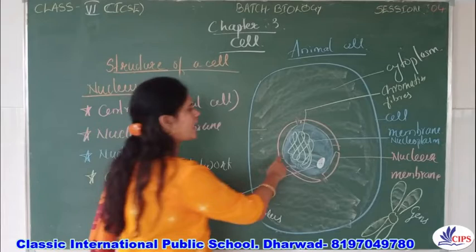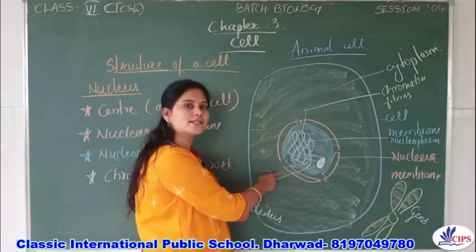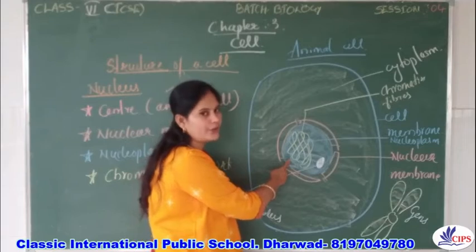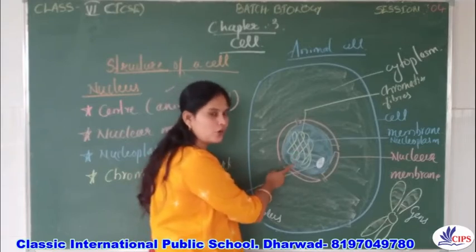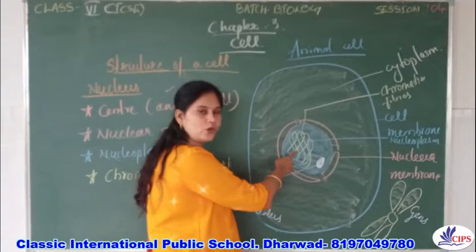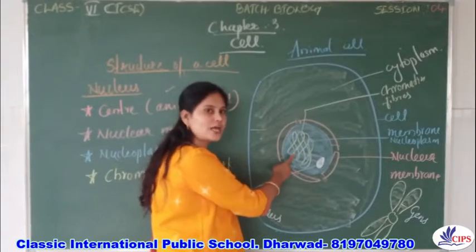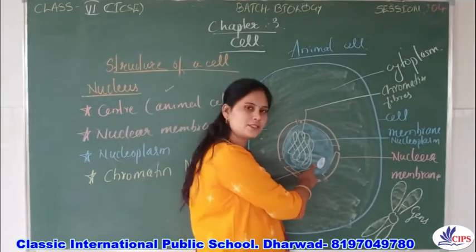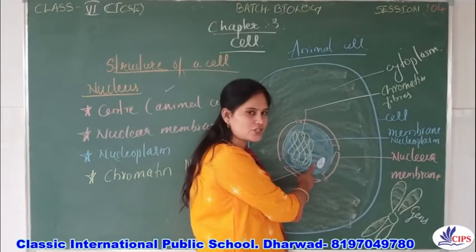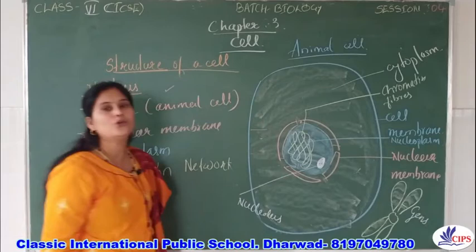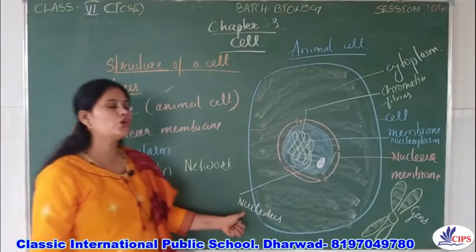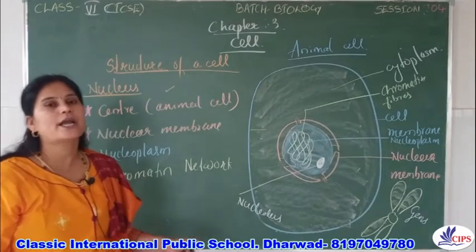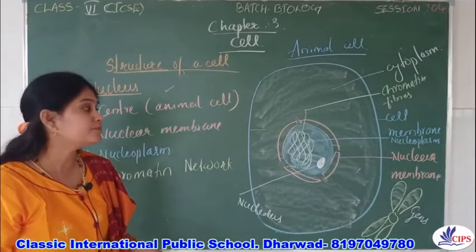The nucleus has the outer membrane called the nuclear membrane. Inside the nucleus, the fluid present is called nucleoplasm. In the nucleoplasm, the thread-like structures present are called chromatin. In the nucleoplasm, the dark spherical structure present is called the nucleolus, and the nucleolus helps to synthesize or produce the ribosomes, right?